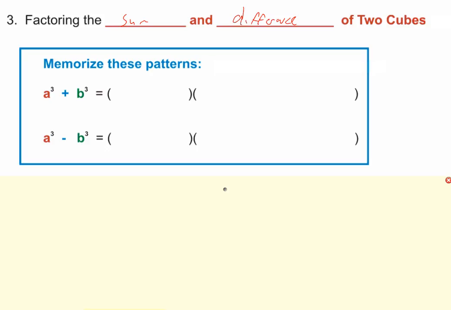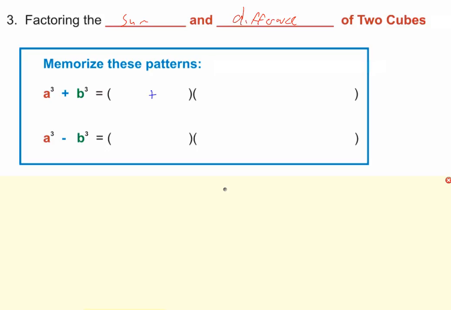Okay, do you guys remember the patterns on a sum and difference of 2 cubes? Do you remember the pattern? Does anybody remember the pattern? Oh boy. All right. It's a binomial times a trinomial. The sign in the middle of the binomial always matches the sign between the original.